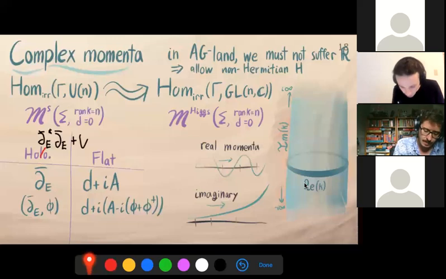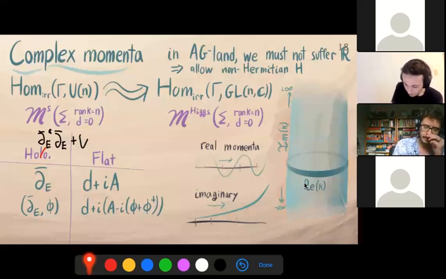I put an I here for this next part because when we include a Higgs field, which is a pair of a holomorphic structure on our vector bundle and a Higgs field, we also get a canonical flat connection. This is the non-abelian Hodge correspondence.